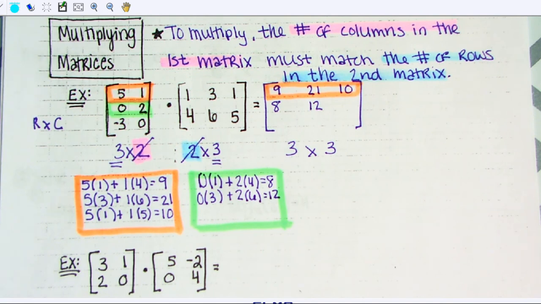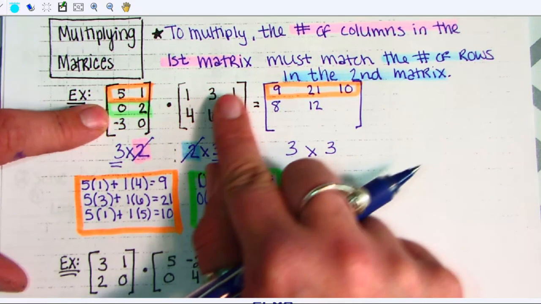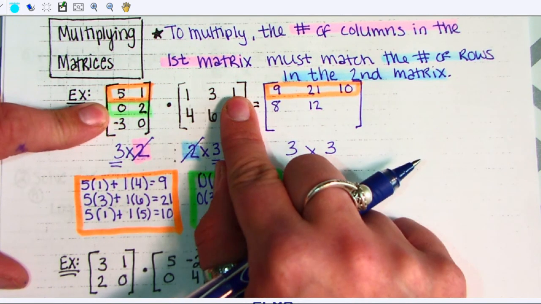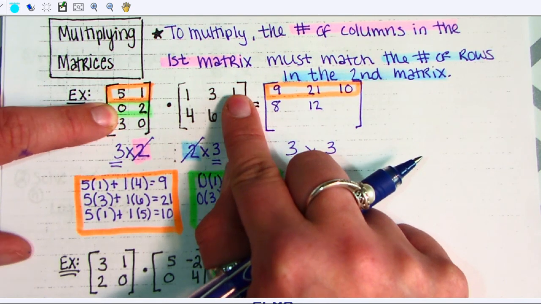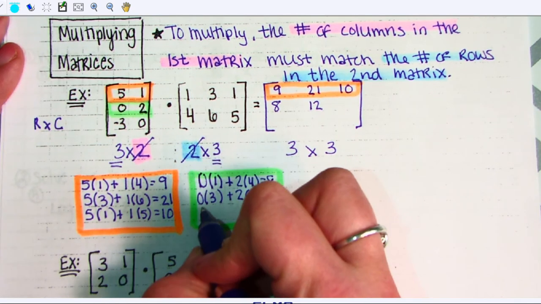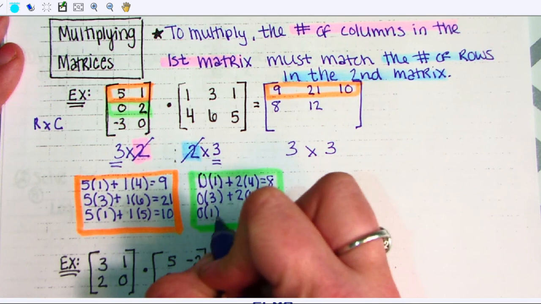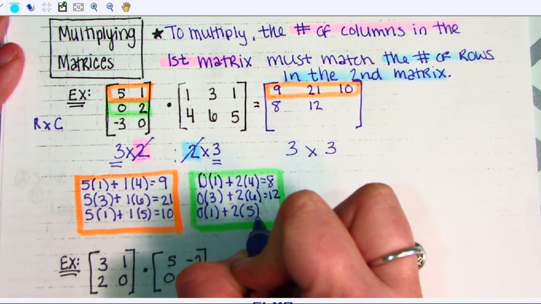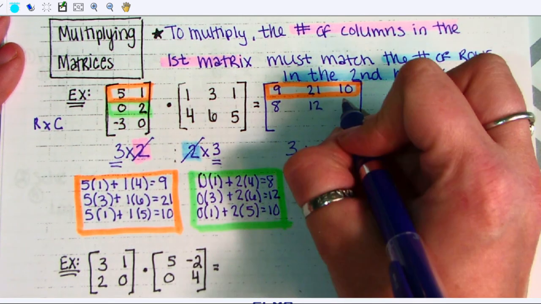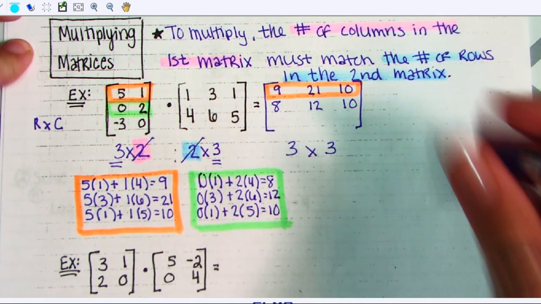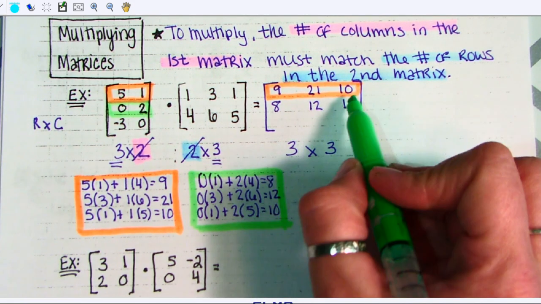Then to get the last number, you shift to the last column. 0 times 1 plus 2 times 5 is 10. And that's how you get this row.